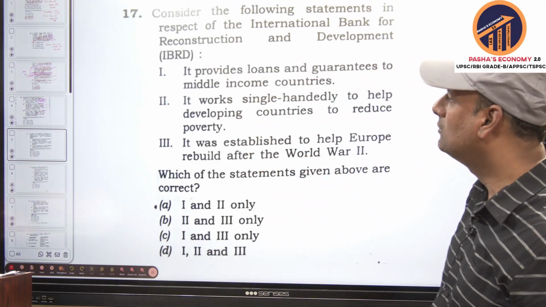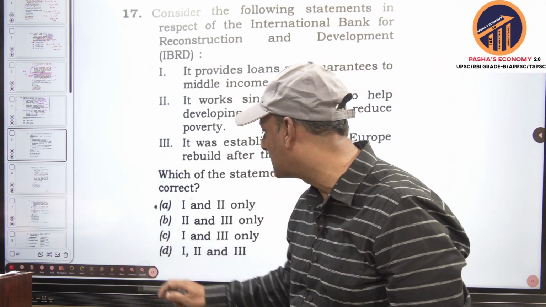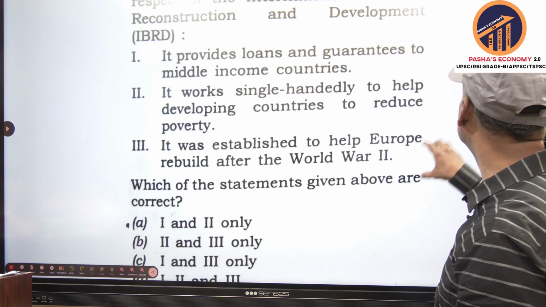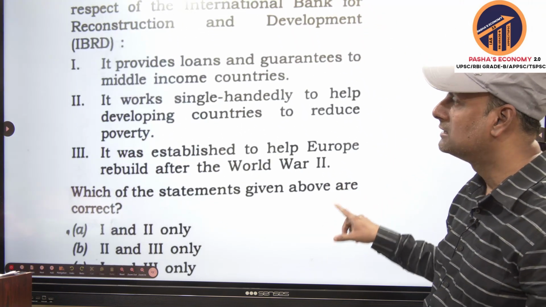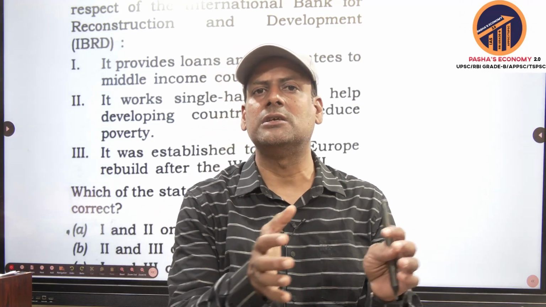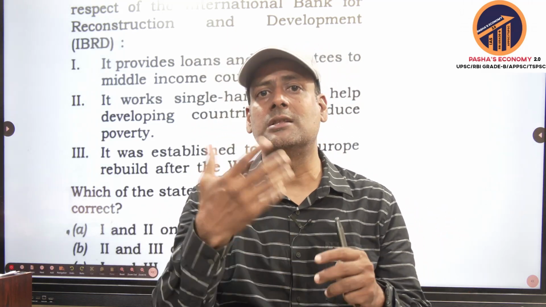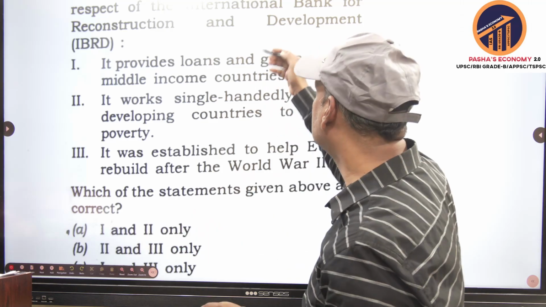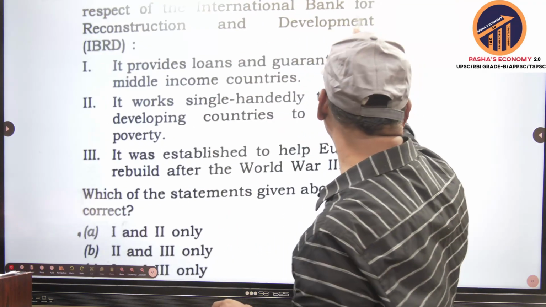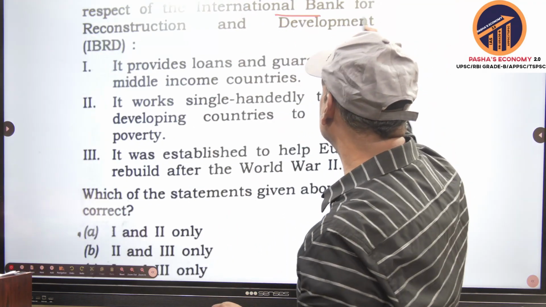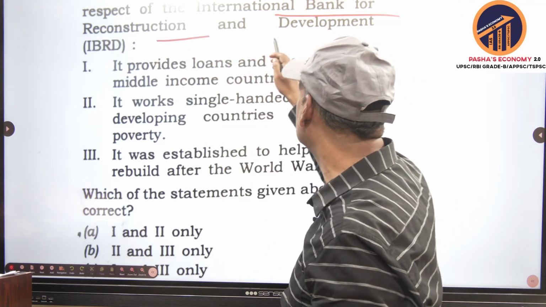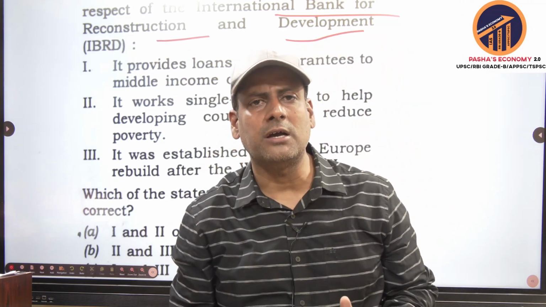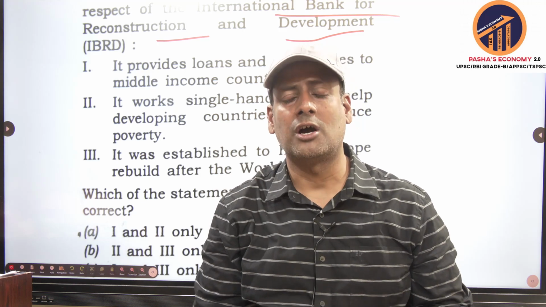Now this is another significant area for the prelims exam in economy, the international financial institutions, which we discussed in the international trade external sector. Consider the IBRD, the International Bank for Reconstruction and Development, 1945, after the Bretton Woods Conference.